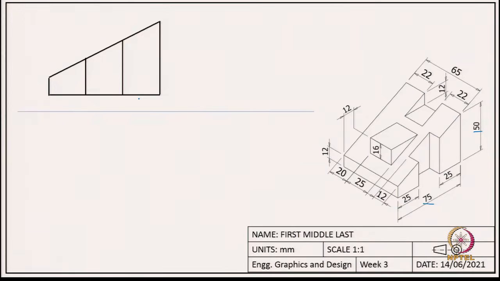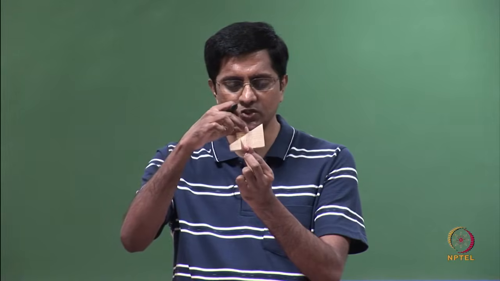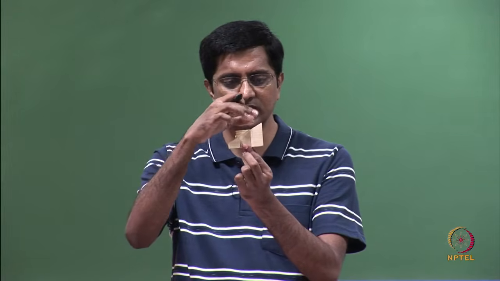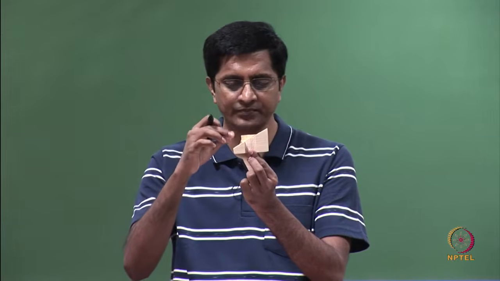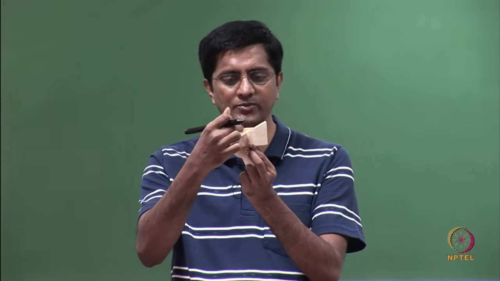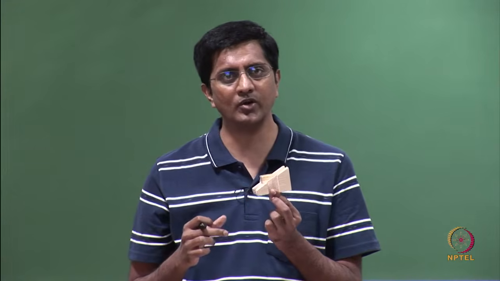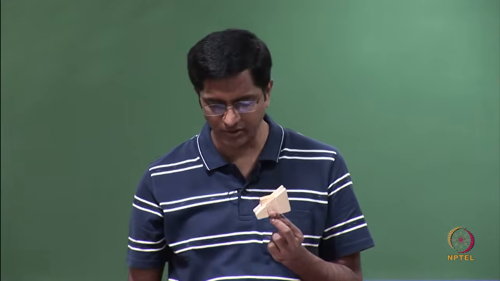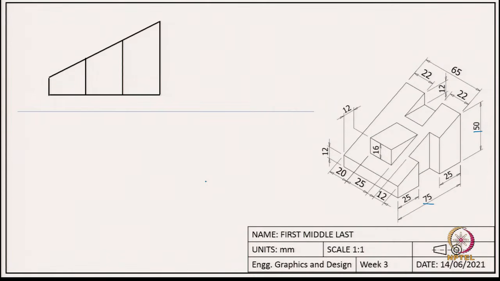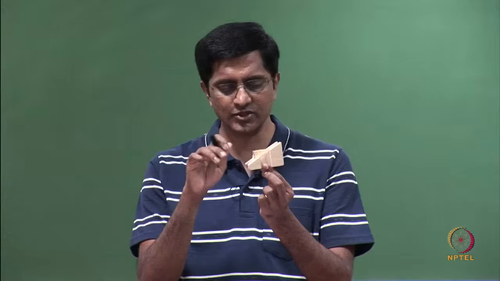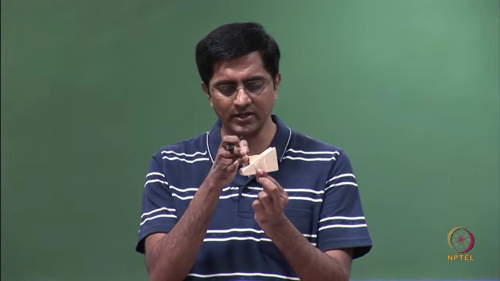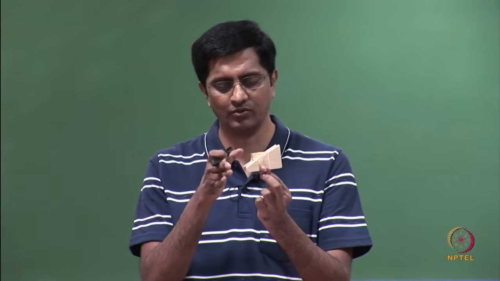But in addition to this, we also see this small triangular thing which is sitting on this inclined surface. So, in the front view, what do we capture? We capture a single triangle. And what information do we know about this triangle? We know that the height of this edge is 16, and the other information we know is that this vertical plane is at a distance of 12 from this vertical plane.